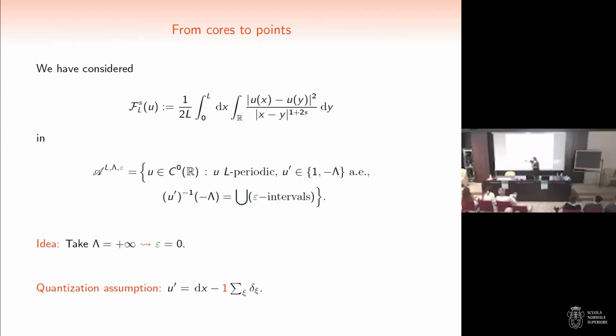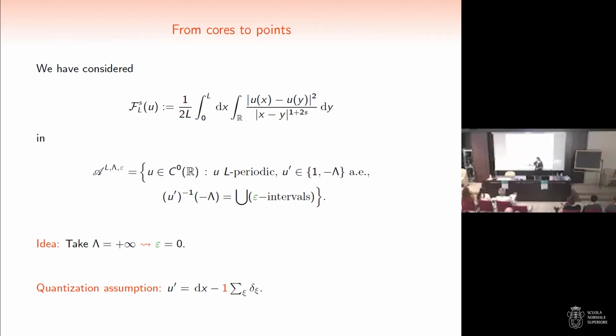In this case, the function u that I'm defining here is jumping at these points. Okay, so this is what we did. And how does the quantization assumption work in this case?